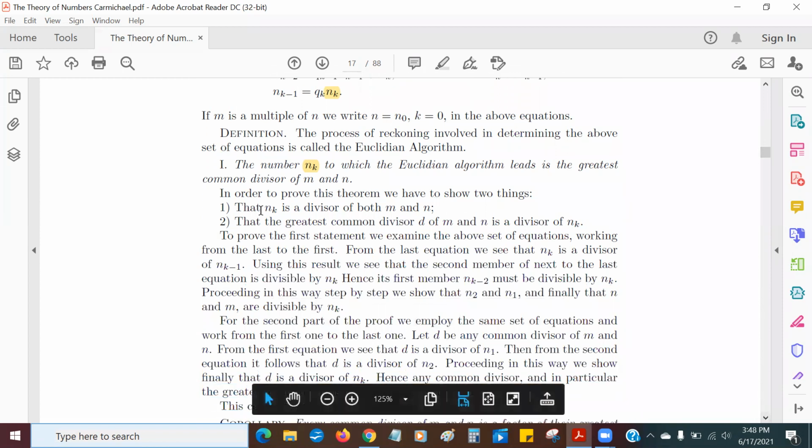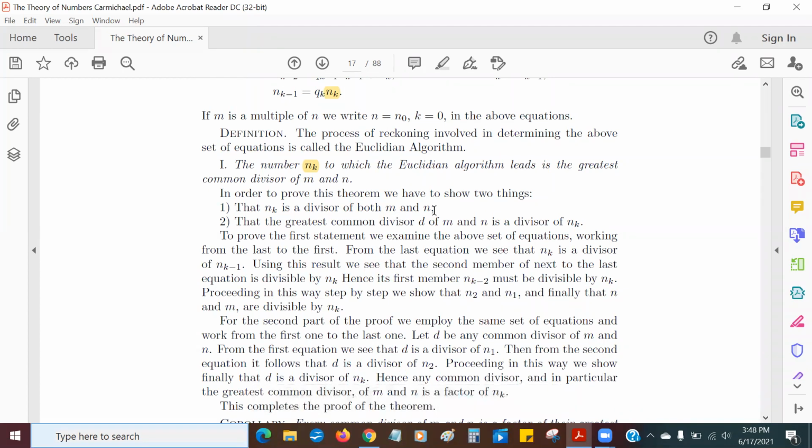We're going to have to show that nk is a common divisor of m and n, my original numbers. And we also have to show that the greatest common divisor, we'll just call it d, because I don't know what else to call it, is a divisor of nk.